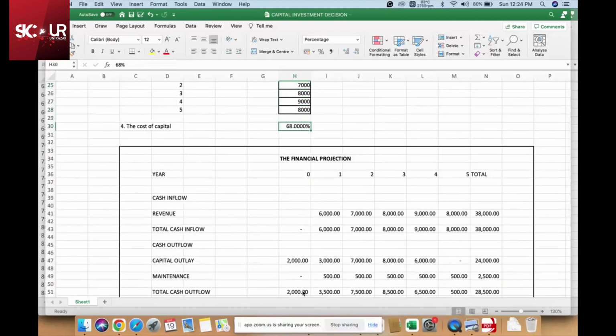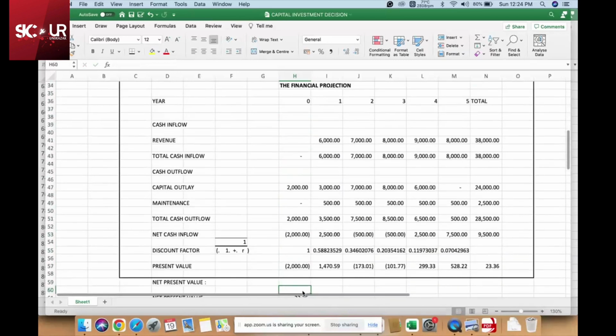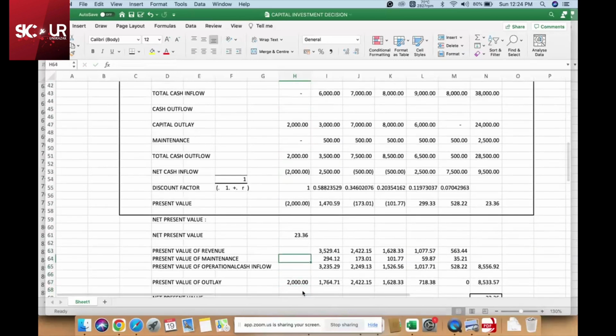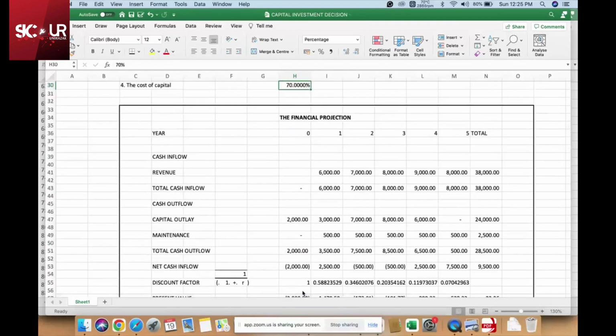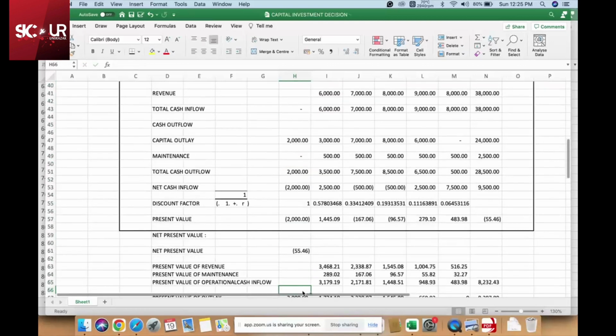Now we will say 70%. 70% is still positive, 23,000. So it is higher than 70%. Let's try 73%. Now it is negative. So we know that it is lower than 73%, but higher than 70%.